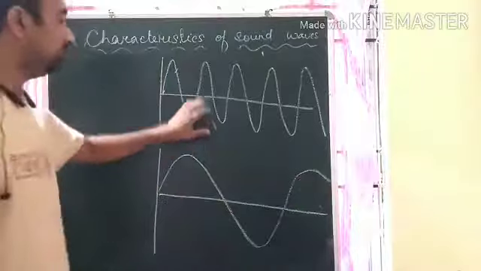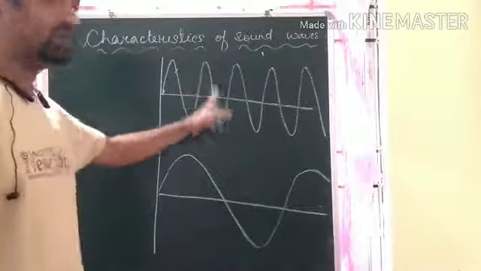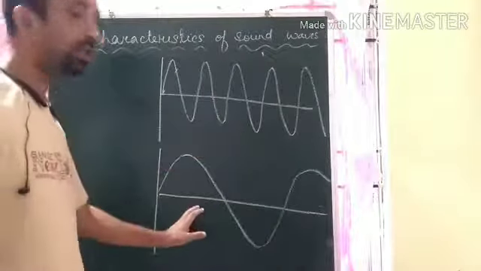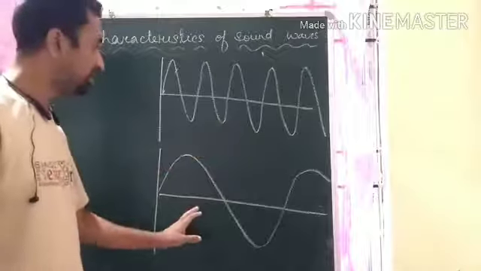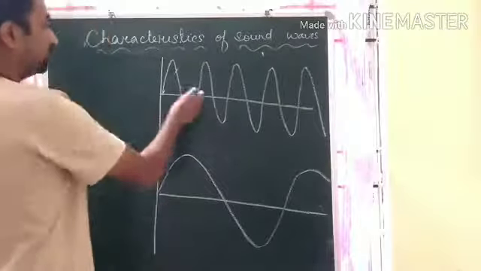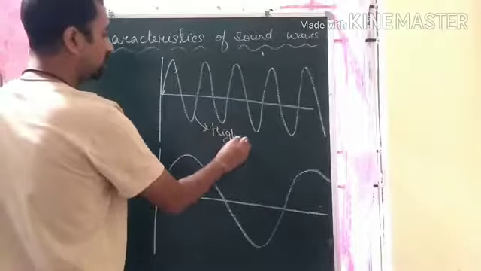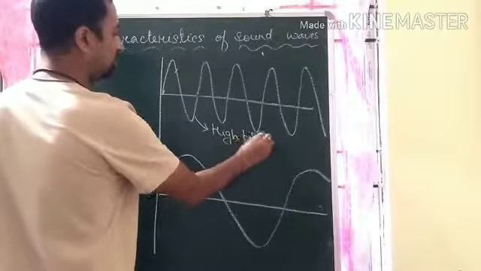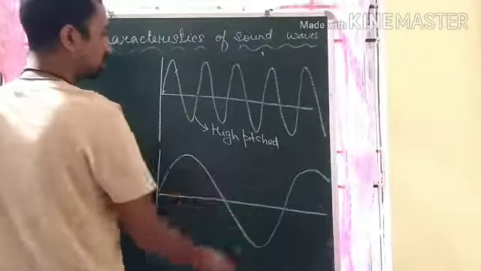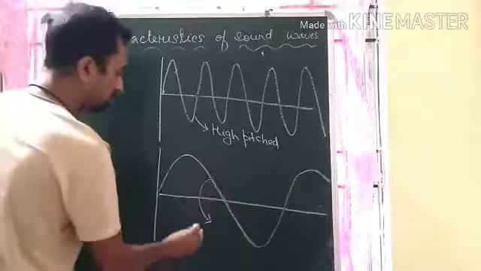If you see these two, here the number of oscillations is more, but here the number of oscillations is less. So this one is a high pitched sound because the frequency is more, and this one is a low pitched sound.